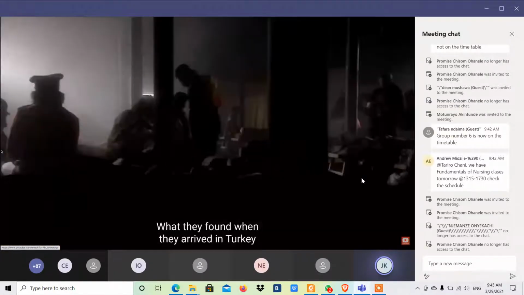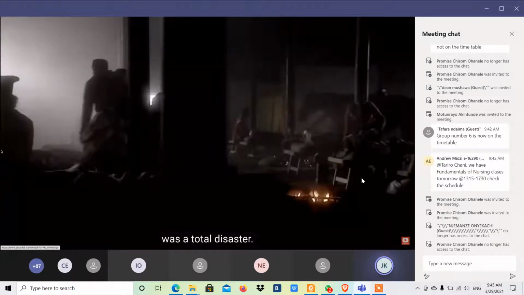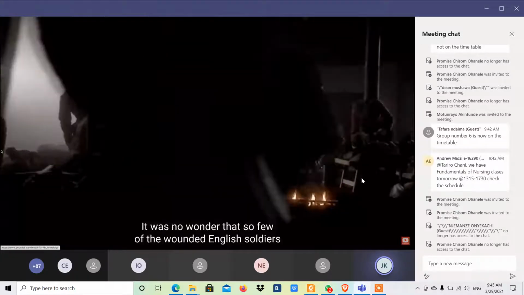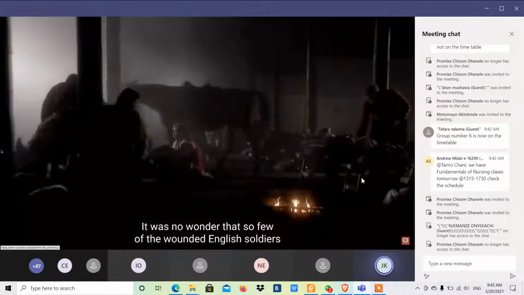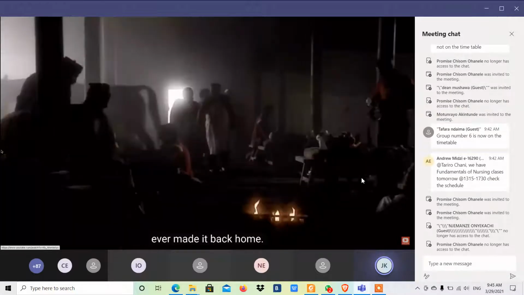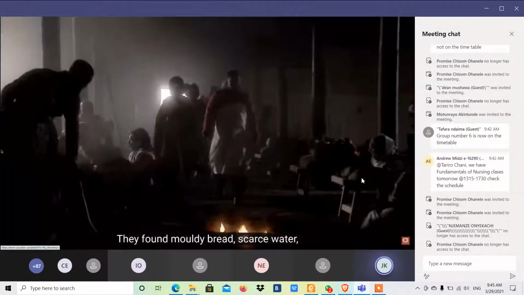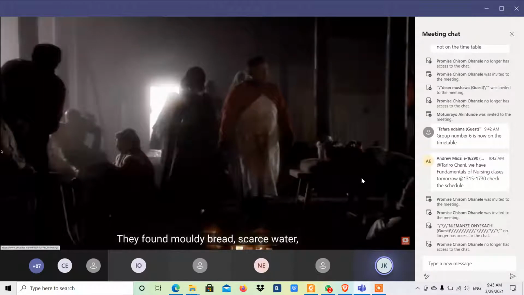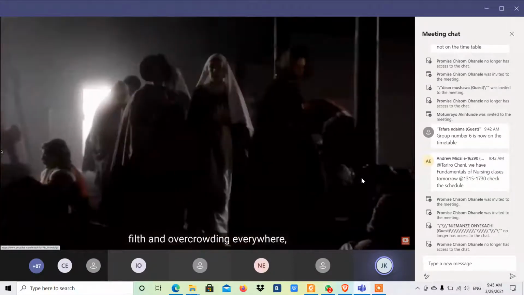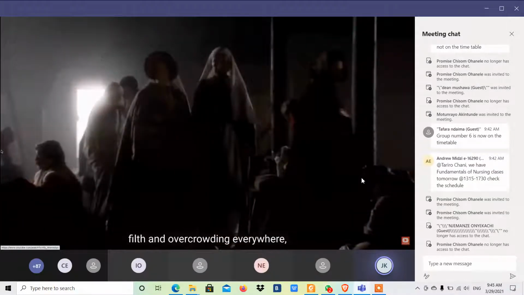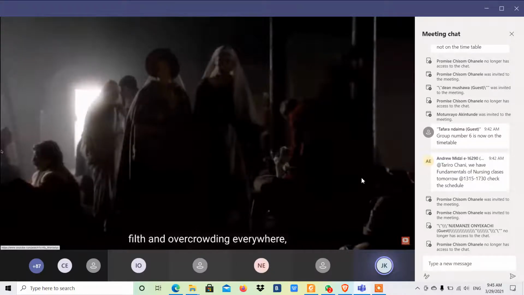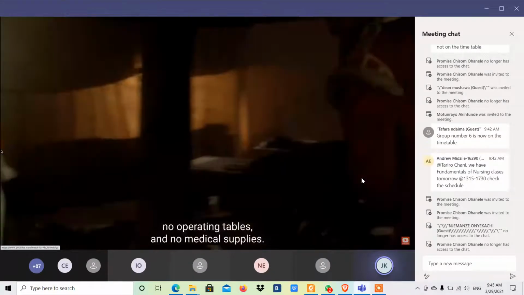What they found when they arrived in Turkey was a total disaster. It was no wonder that so few of the wounded English soldiers ever made it back home. They found mouldy bread, scarce water, filth and overcrowding everywhere, no arrangements for hygiene, no bed sheets, no operating tables, and no medical supplies.